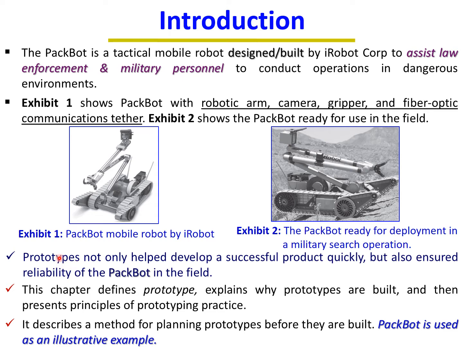And by using this technique, the design and the production was much better. So this chapter defines the prototype, what it is, explains why prototypes are built, and then presents principles of prototyping practice. It describes a method for planning prototypes before they are built. And this PAC bot is used as an illustrative example in the chapter.